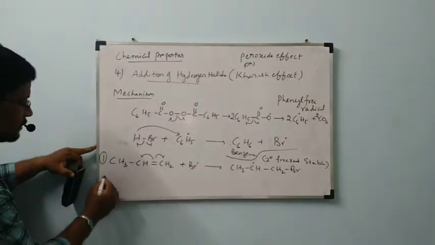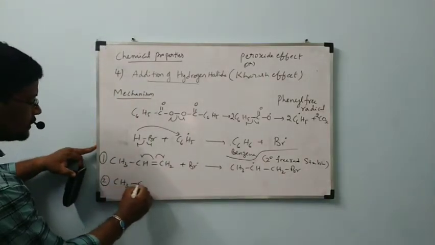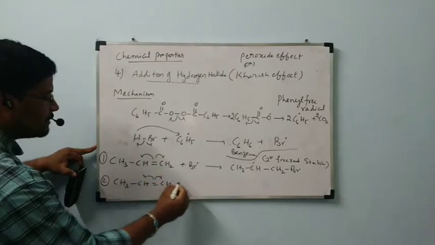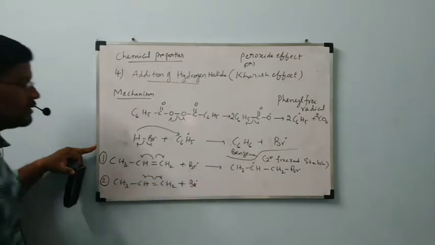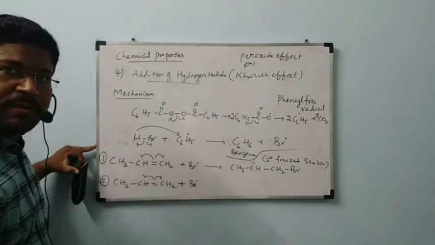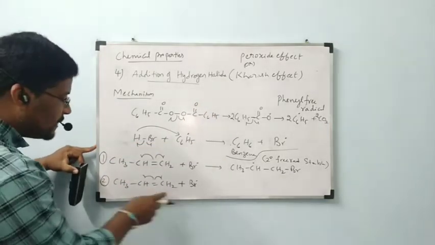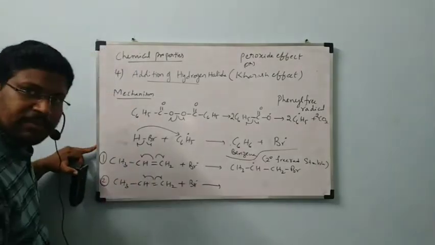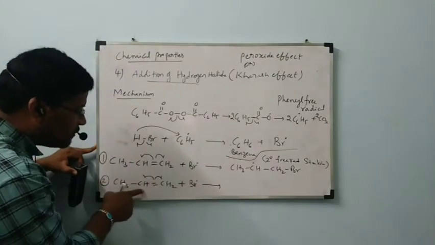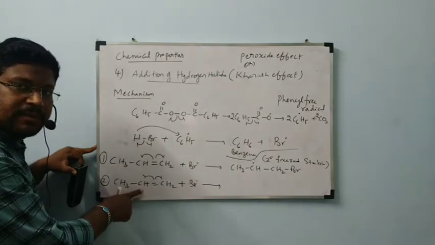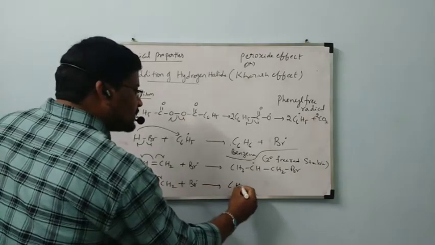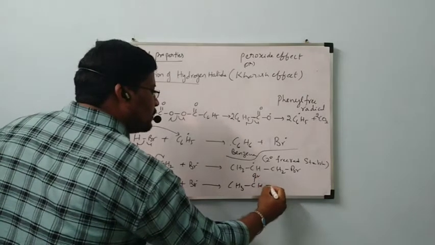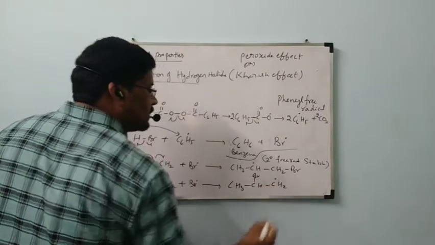Next, second possibility, CH3 CH double bond CH2. Again homolytic fission takes place in the presence of Br. So many Br free radicals will be formed, no problem. Another Br free radical reacts with this one. Now in the second possibility, Br forms a bond with the middle carbon, formed as CH3 CH Br CH2 free radical.